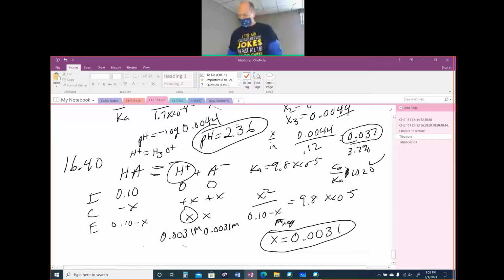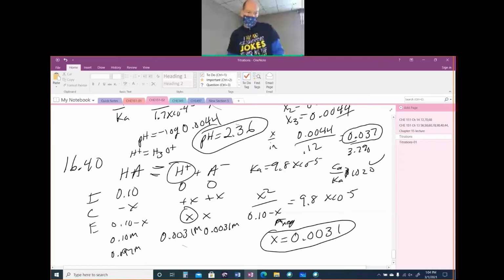And when you take 0.1 minus that answer, I will accept two answers here. I will accept that it has stayed as 0.10 molar, or after you do the subtraction, if you give it 2 sig figs, I would also accept that as 0.097.